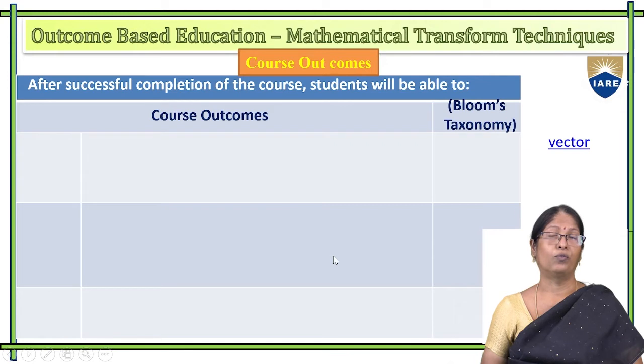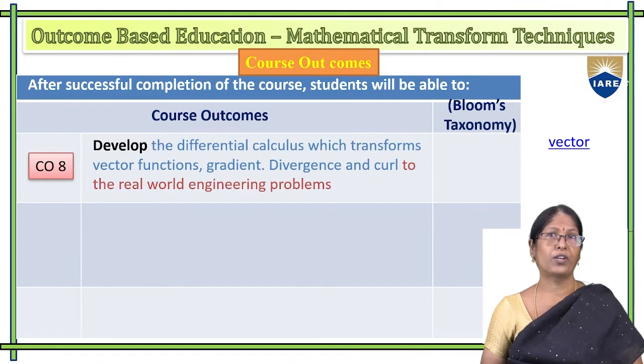We can say that our fourth module is vector differential calculus. Vector differential calculus develops the differential calculus which transforms vector functions, gradient, divergence, and curl, to real-world engineering problems. We named it course outcome number 8.